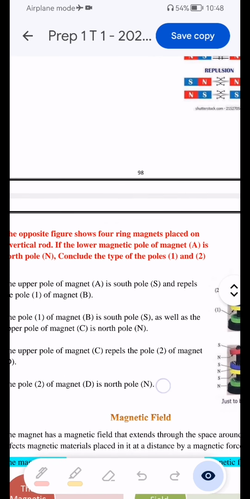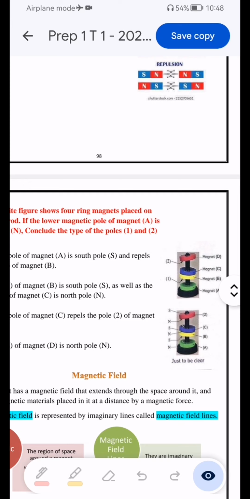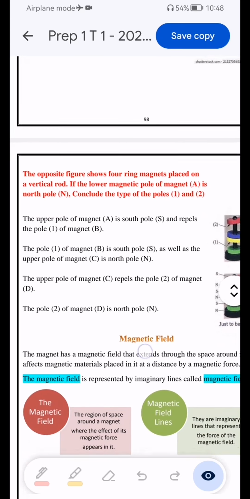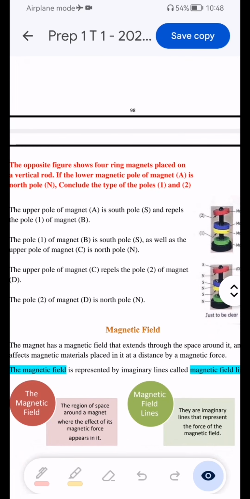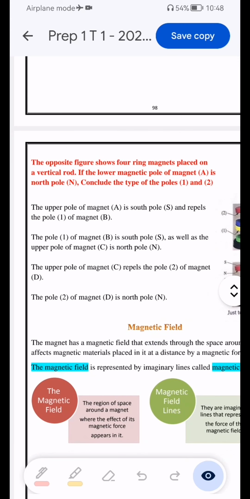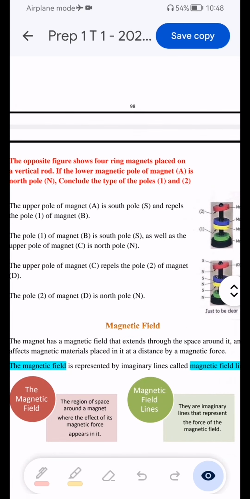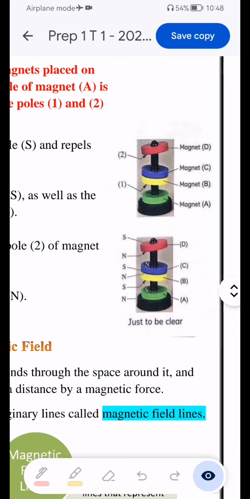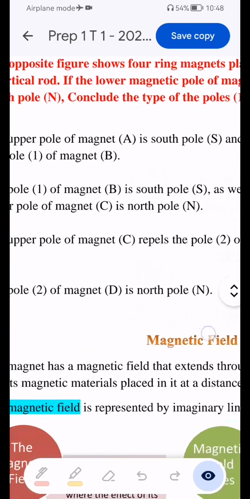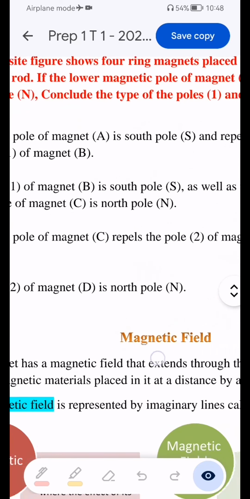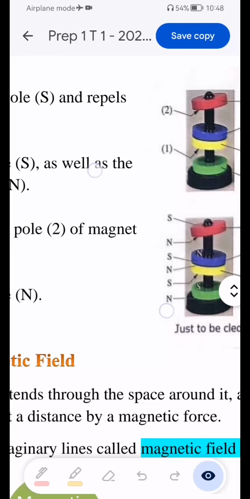Look at this figure. The opposite figure shows 4 ring magnets placed on a vertical rod. If the lower magnetic pole of magnet A is the north pole, conclude the type of poles 1 and 2.